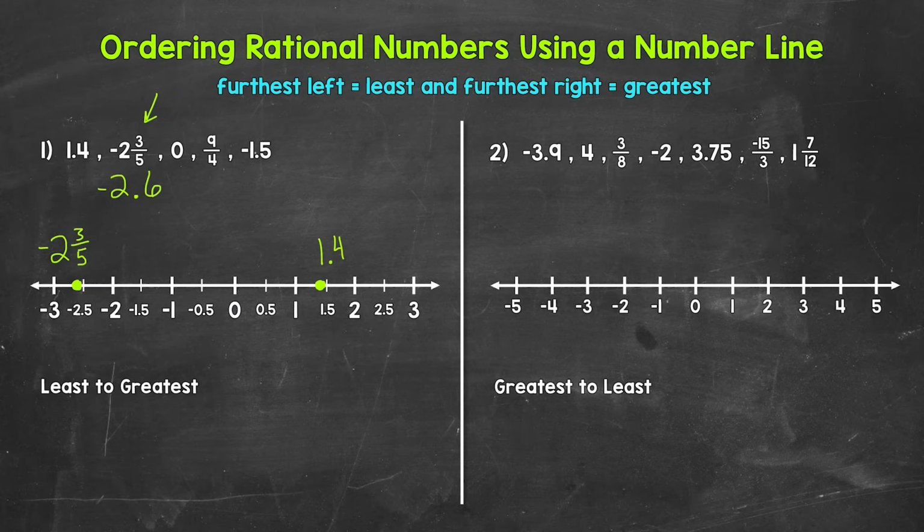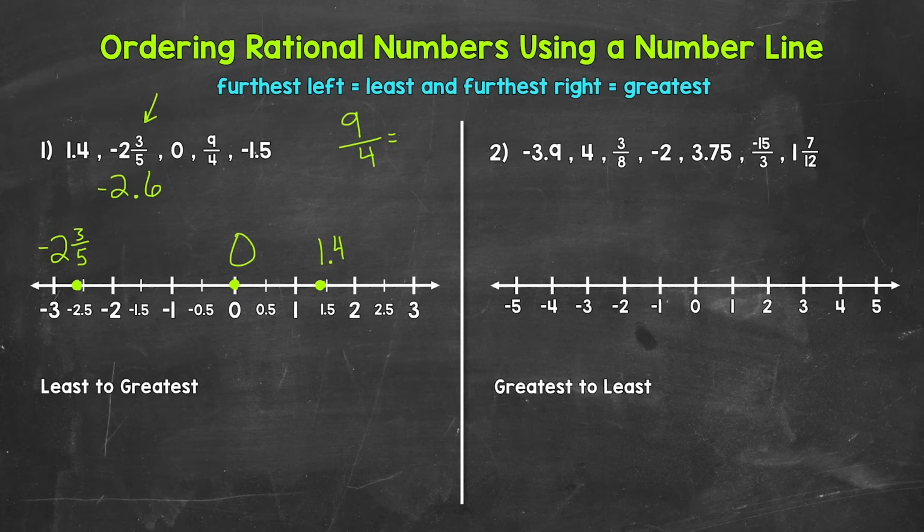Moving on, we have 0, which is right here. After 0, we have 9 fourths, which is an improper fraction. Let's convert it to a mixed number by dividing the numerator 9 by the denominator 4. So how many whole groups of 4 in 9? And let's do this to the side here.